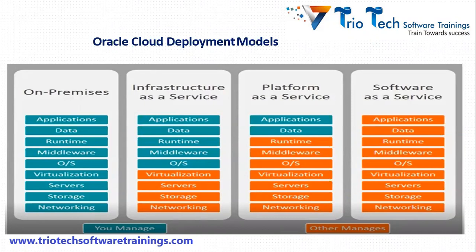These are the software developed by Oracle, and the licenses are procured by the business that wants to use these applications. You see orange and blue: blue means the client manages, and orange means Oracle manages. So in software as a service, everything is maintained by Oracle.